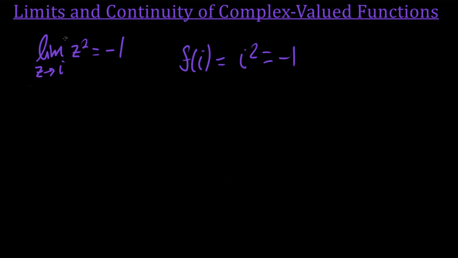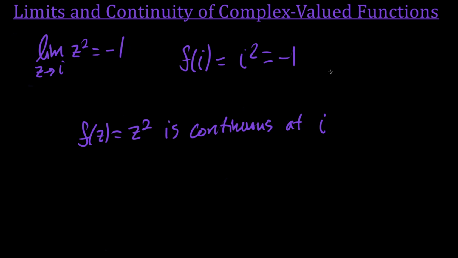And so since the limit of our function z squared as z approaches i is -1, and f of i is also -1, that means that our function f of z equals z squared is continuous at the point i.